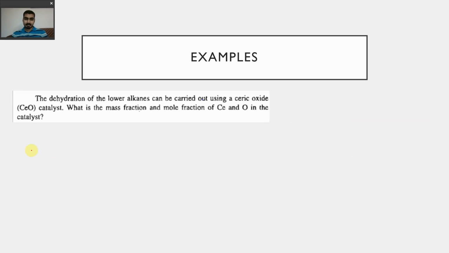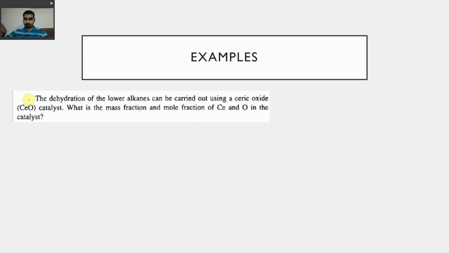Remember. So the first question is: the dehydration of lower alkanes can be carried out using a ceric oxide, CeO2, catalyst. What is the mass fraction or the mole fraction of CeO2 in the catalyst? Do you know anything about cerium oxide or ceric oxide?